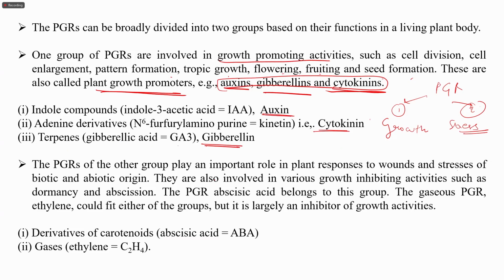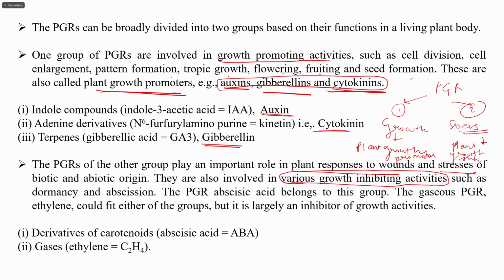The PGRs of the other group play an important role in plant responses to wound and stress, and they are also involved in various growth inhibiting activities. So the first is the growth promoting activities, plant growth promoters; the second is plant growth inhibitors.